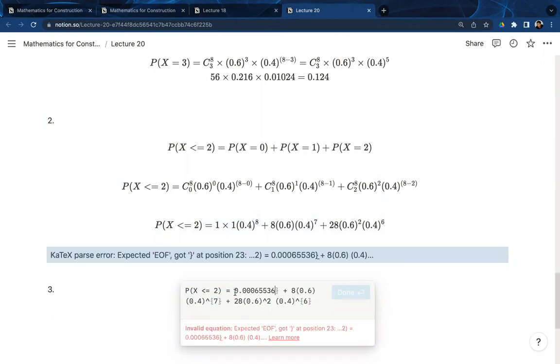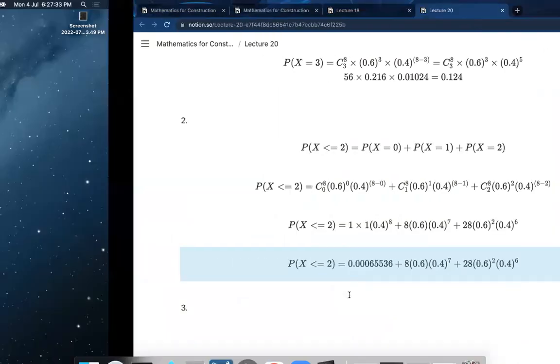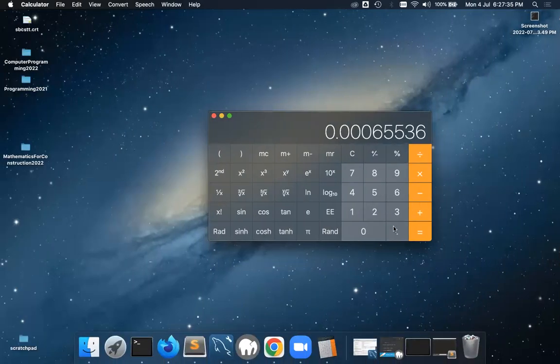You're really just calculating it at this point. 0.4 to the power 7 by 0.6 by 8.